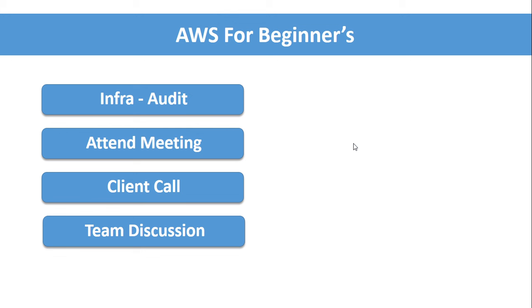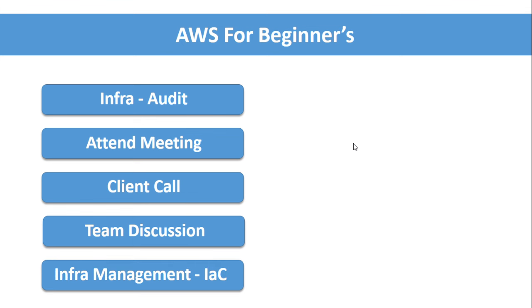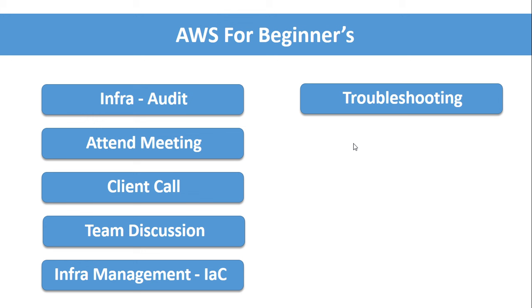If any discussion is required, then we can take up infra management, similar to what I already explained for the Terraform file based changes, if you want to add, delete, create, or modify resources. Troubleshooting: obviously if you have any production issues, pipeline issues, or dependent package issues, or if you have an EKS cluster, then you might get different troubleshooting there.